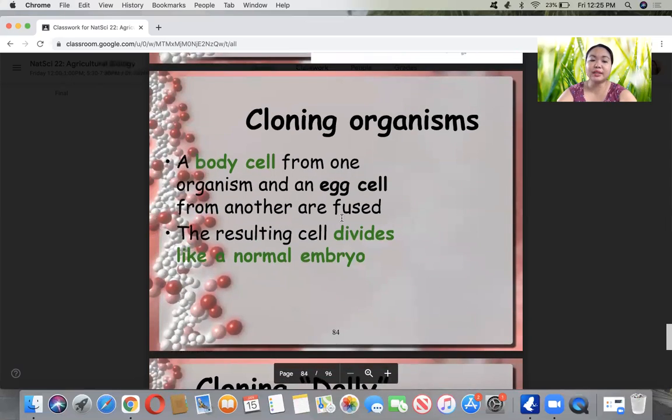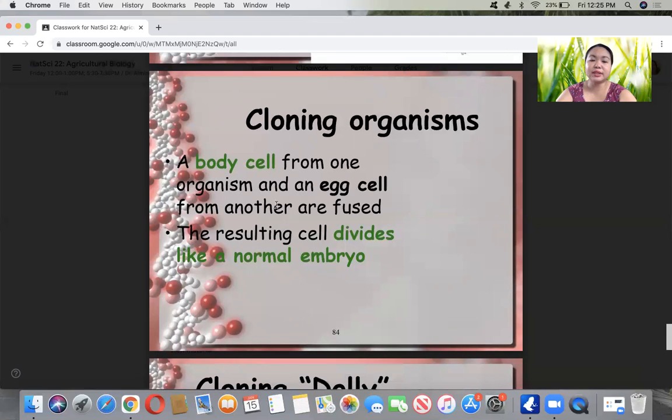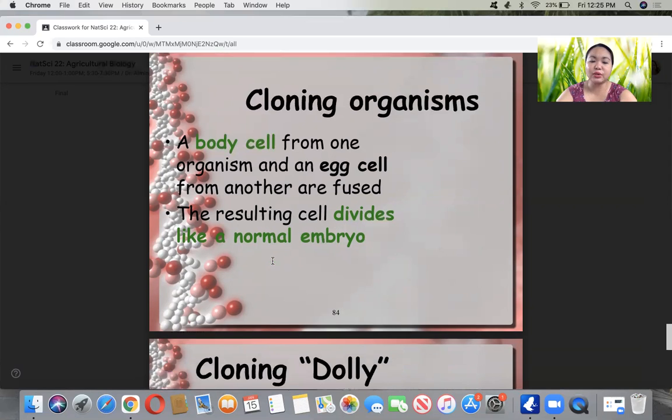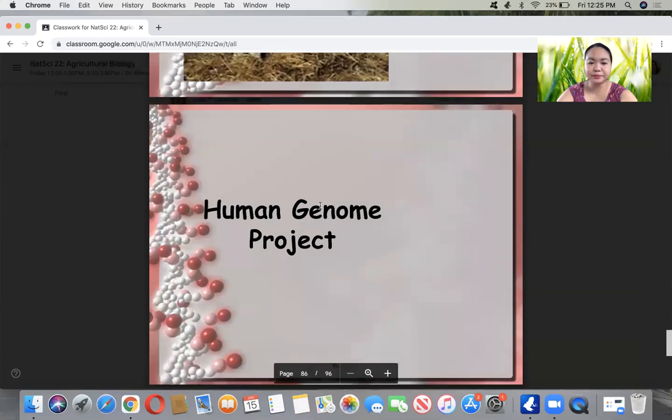So cloning organisms requires a body cell from one organism and an egg cell from another, which are fused. The resulting cell divides like a normal embryo. The first cloned animal was Dolly the sheep.